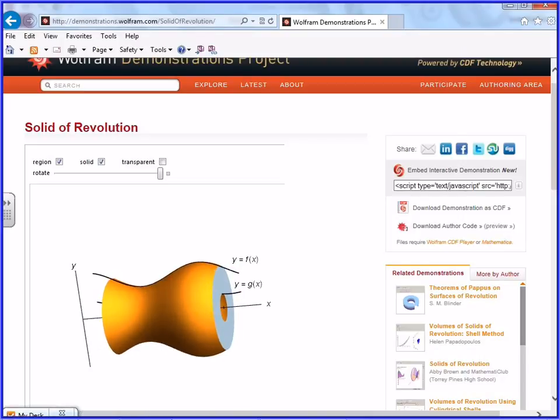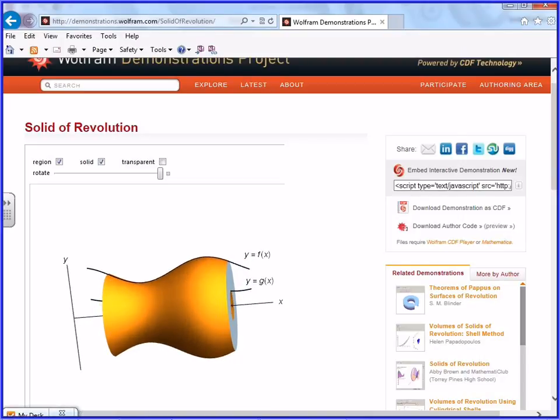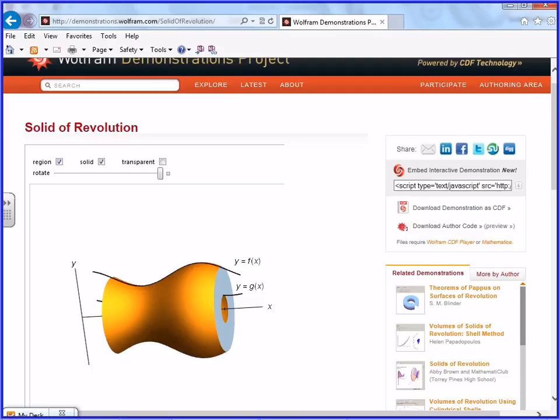But the real trick, all that we need to do a volume of revolution is to look at a cross-section and find the area formula for the cross-section based on what x I'm at, and then integrate that over the range of all possible cross-sections. Okay? Find what the cross-section looks like as a function of x. Now, when you're looking at this guy, notice just at the end you can see this.